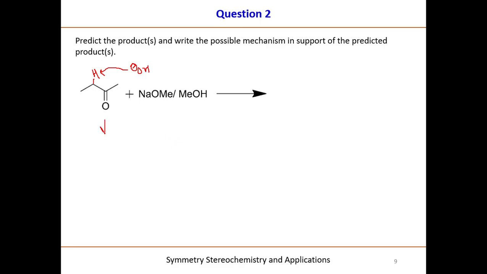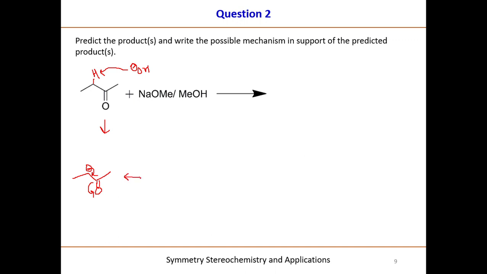So what we will get, I am writing here. The carbonyl group will remain as it is. Here we will get a negative charge because the proton is abstracted, and this negative charge will push, it will go like this, arrow pushing, and you will get the corresponding enol here.